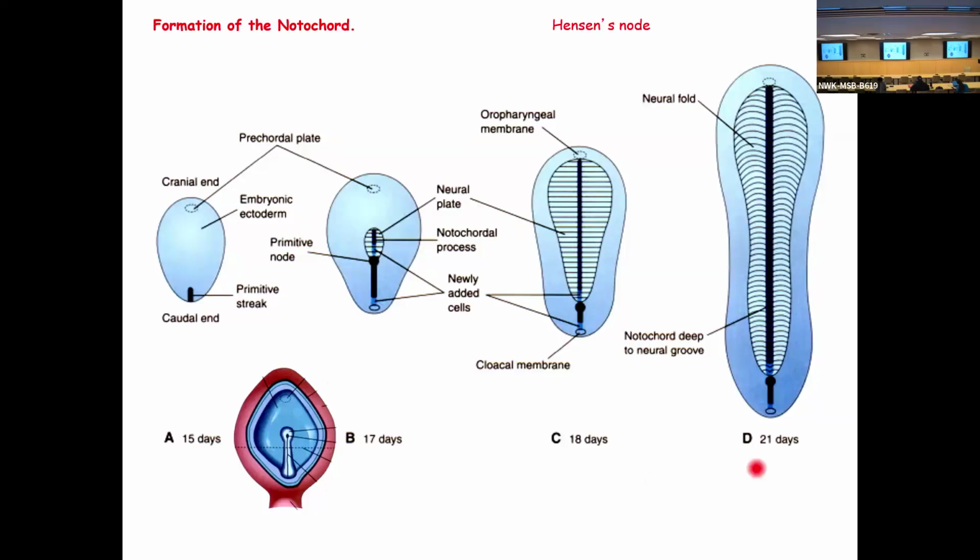And then eventually the primitive streak disappears, and we have the neural fold here. So all the ectodermal cells that went through the streak, some of those will form the neural structures, like the neural fold, the neural plate, etc. And the notochord plays a crucial role in signaling and establishing all these structures.